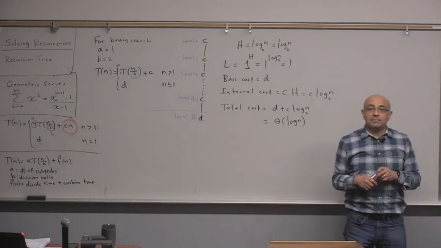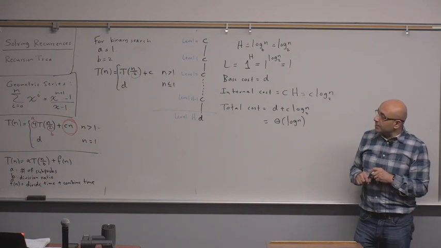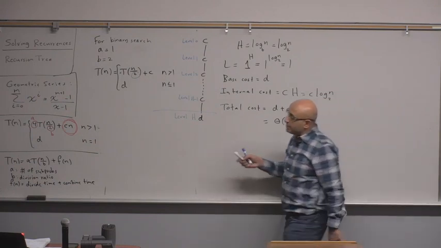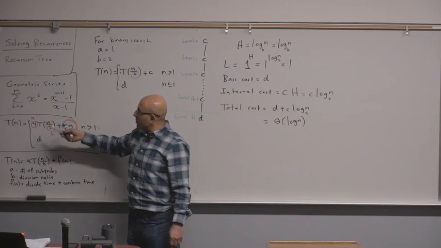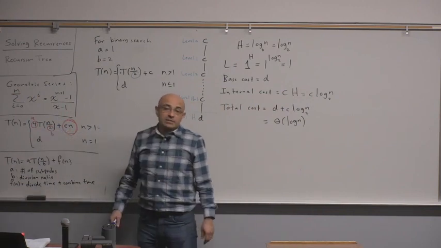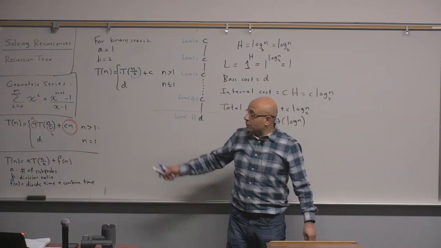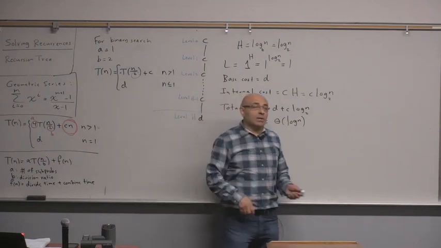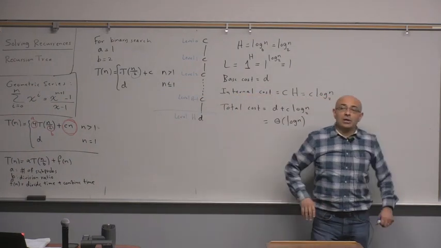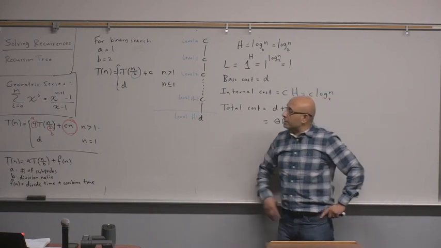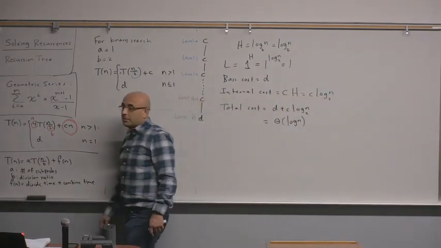It tells you what the running time is by looking at A and B for a recurrence of this form. But we will discuss the master theorem next time.